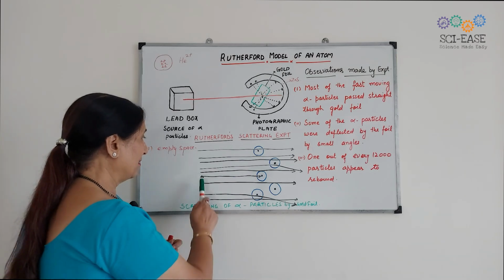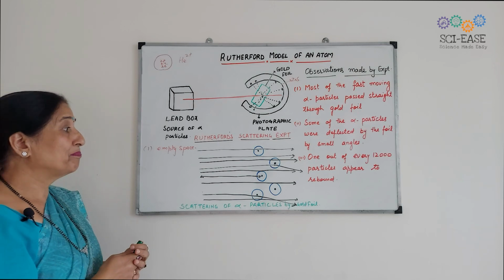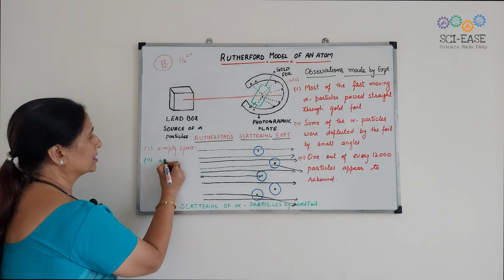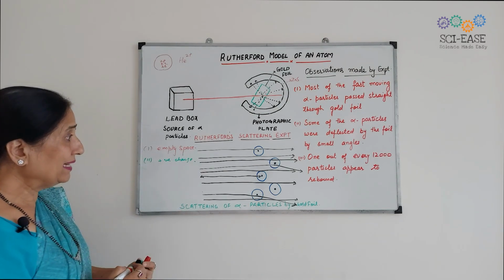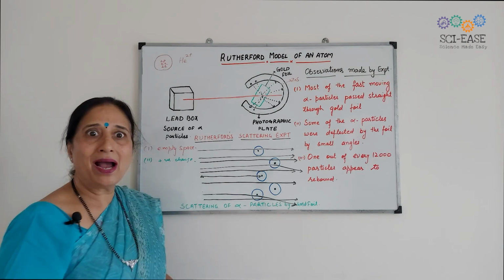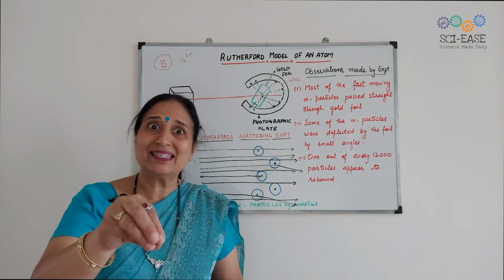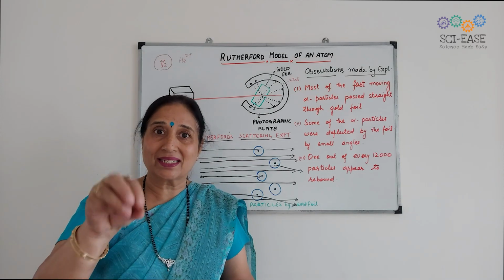And when some of the alpha particles bounced back, second is that there is some positive charge in the center. Okay? And when they bounce back, this means there must be something in the center, which is later known as the nucleus.